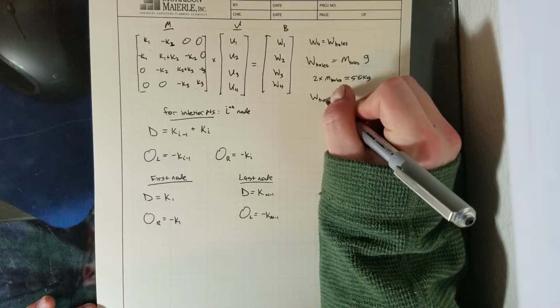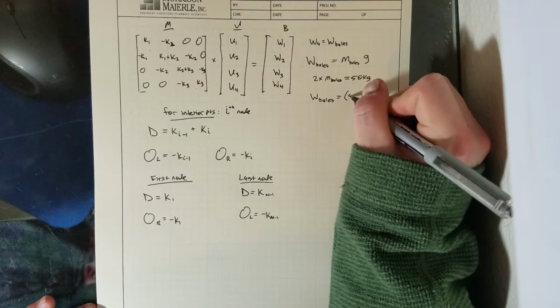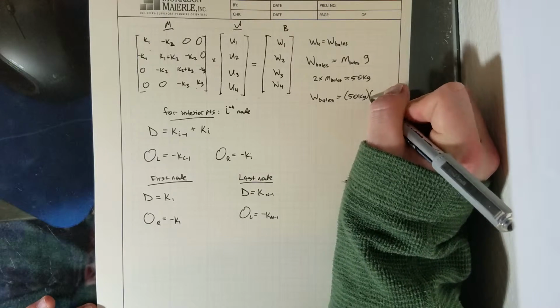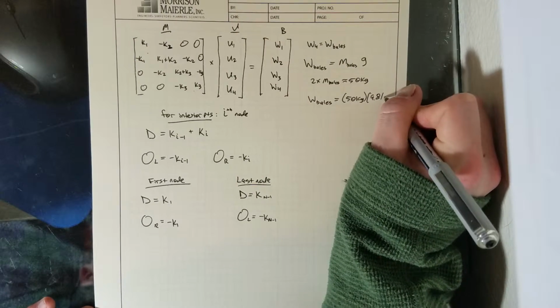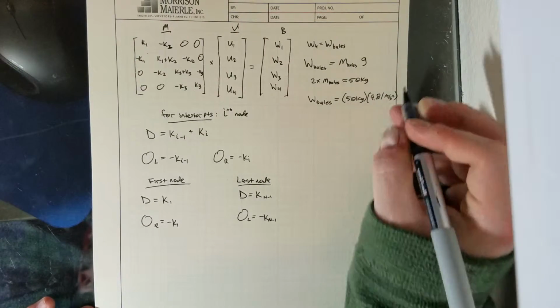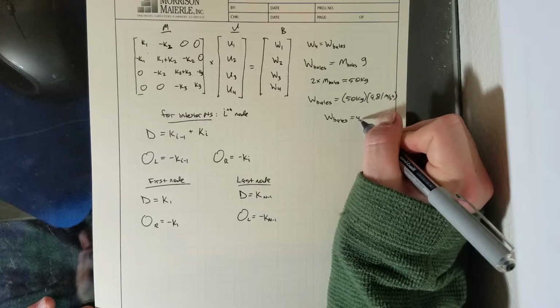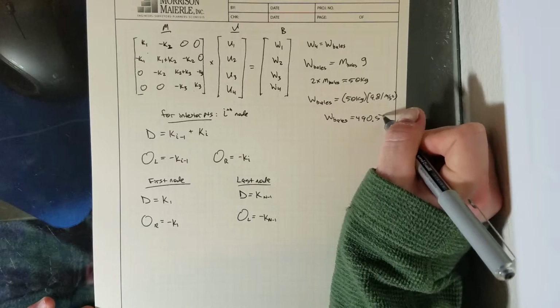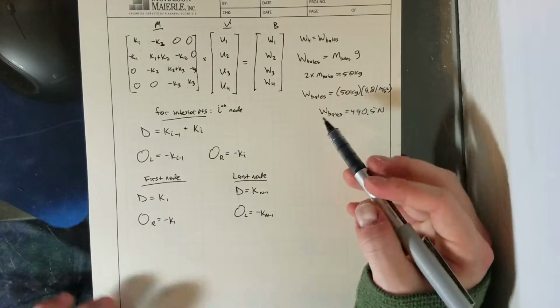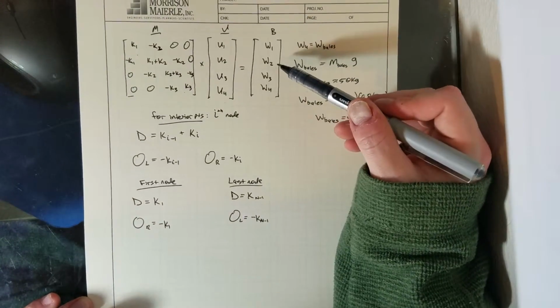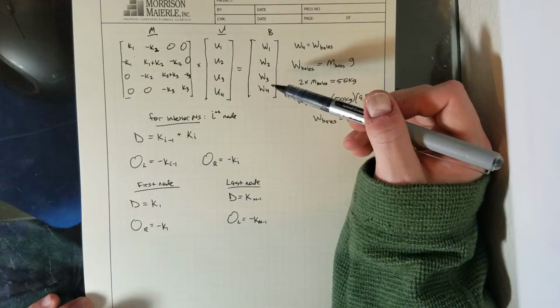So we can determine the weight of the bales by putting in these known quantities of 50 kilograms and 9.81 meters per second squared. And we'll get that the weight of the 2 bales is 490.5 newtons.